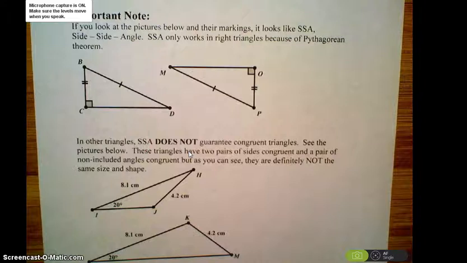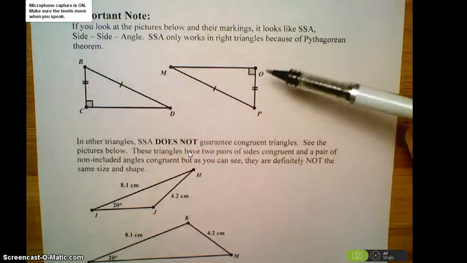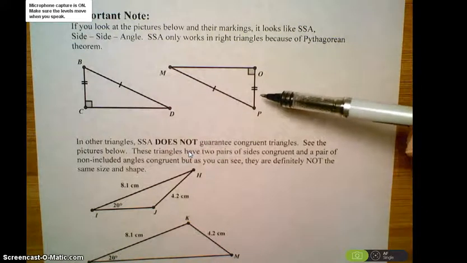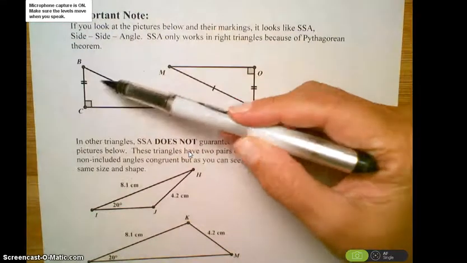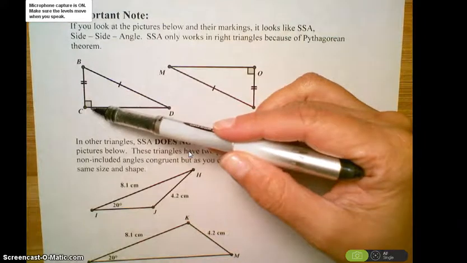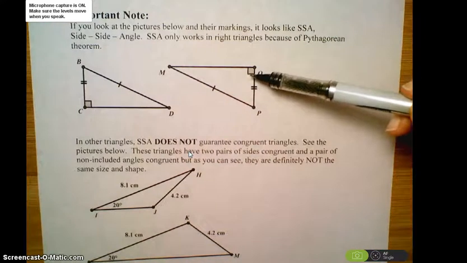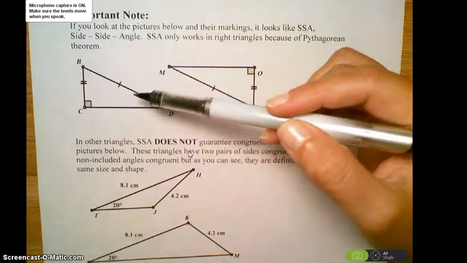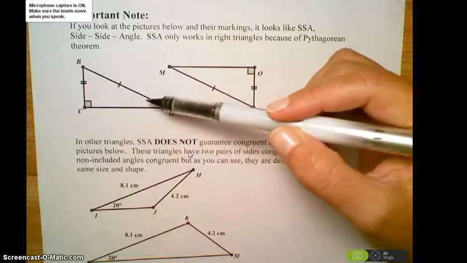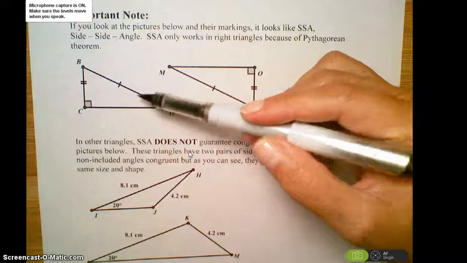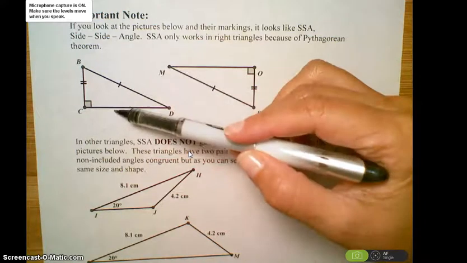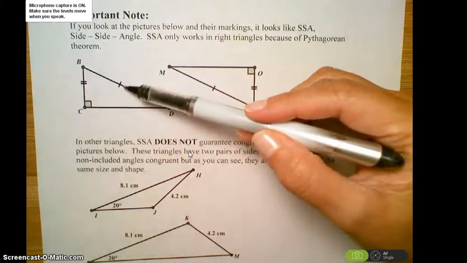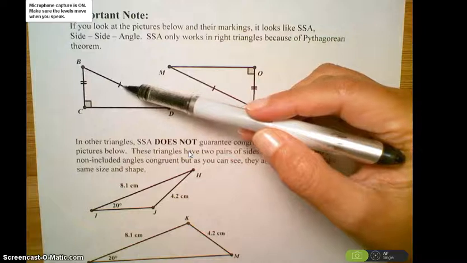Okay, on page 3, we just have an important note about hypotenuse leg. When you mark the picture for hypotenuse leg, which I've duplicated from page 1, the markings look like side-side-angle, because of course we know all right angles are congruent. Actually though, that set of markings will only work in a right triangle because of the Pythagorean theorem. If you recall, the Pythagorean theorem says that leg squared plus leg squared equals hypotenuse squared in a right triangle.